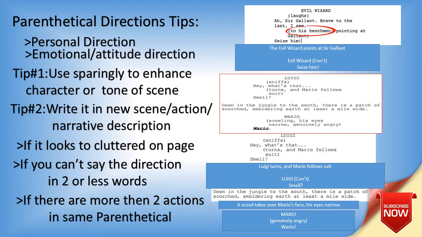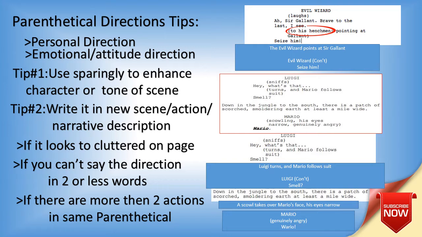That is going to hurt you when you send your script out and someone is reading it, an agent is reading it, he turns to the page and he sees this elaborate long dialogue between multiple characters, and then every single line of dialogue is interjected with some sort of parenthetical description or direction or emotional parenthetical, and it's just too cluttered on the page, and he's going to be like, what is going on here?